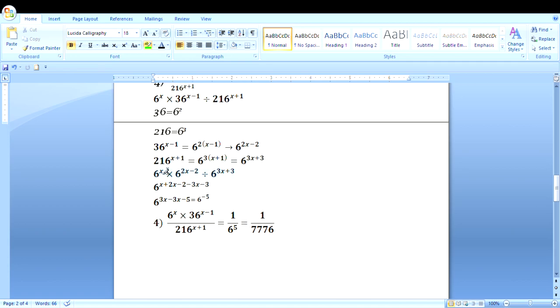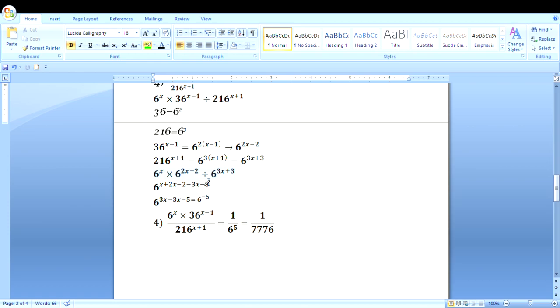So if we put everything here, this becomes 6 raised to power x times 6 raised to power 2x minus 2 divided by 6 raised to power 3x plus 3. So here all the bases are now the same. Now what do we need to do? We just pick one of the bases and observe carefully the signs, and what signs we need to replace.